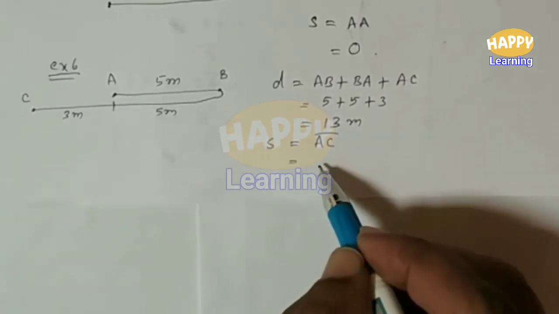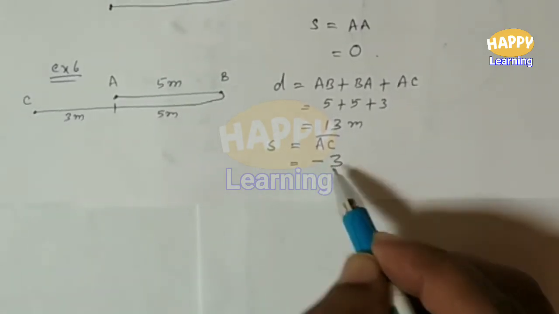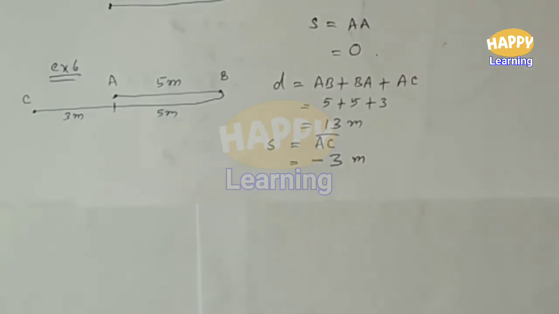Whereas displacement S is equal to AC bar, that is equal to minus 3 meters.